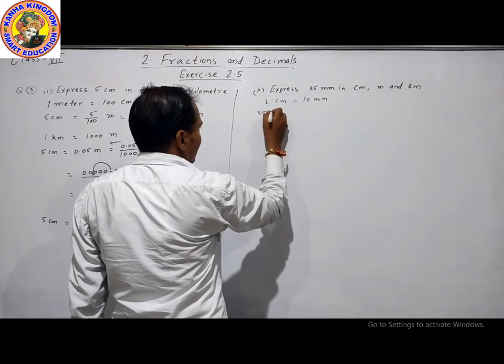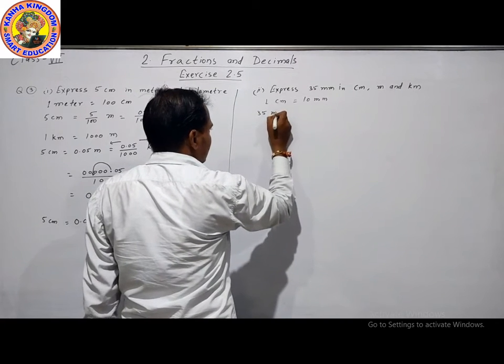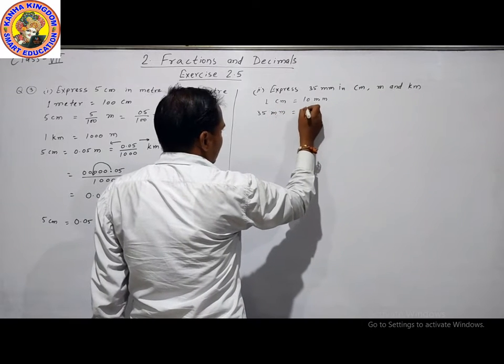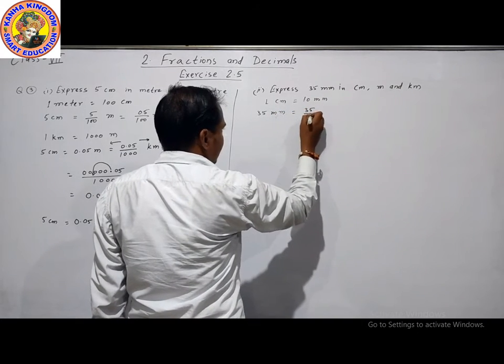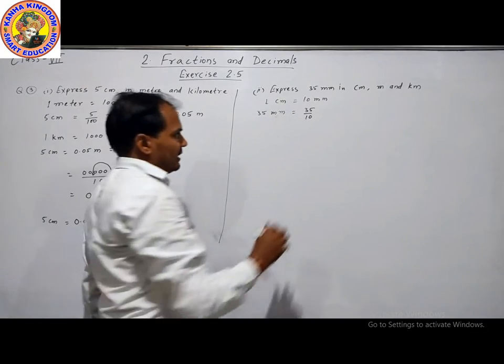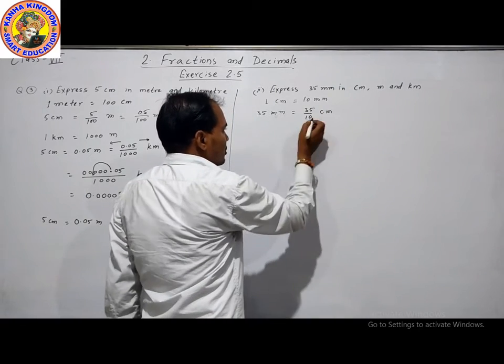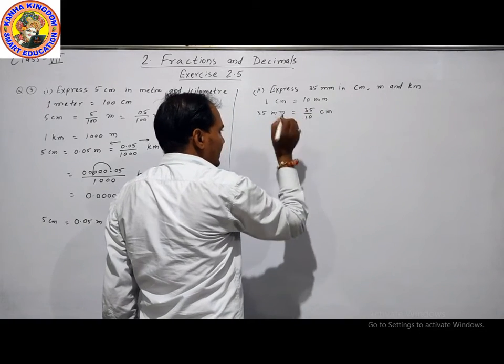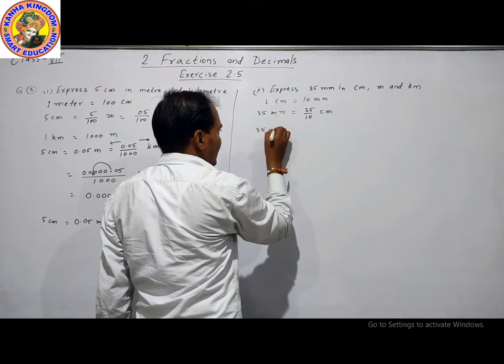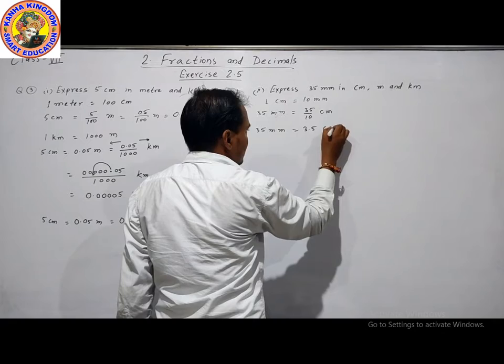So 35 mm is equal to 35 divided by 10, which converts into centimeter. 10 will add 1 decimal point, so 35 mm is equal to 3.5 centimeter.